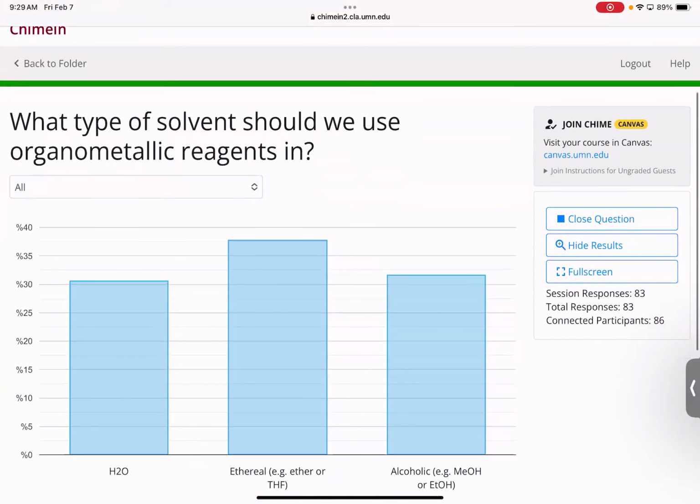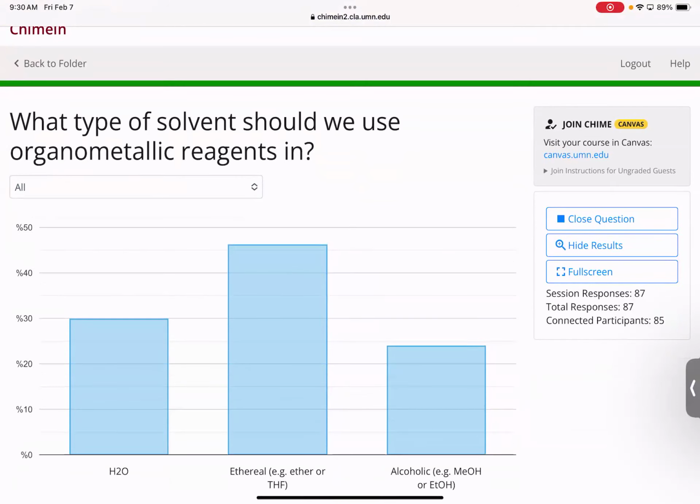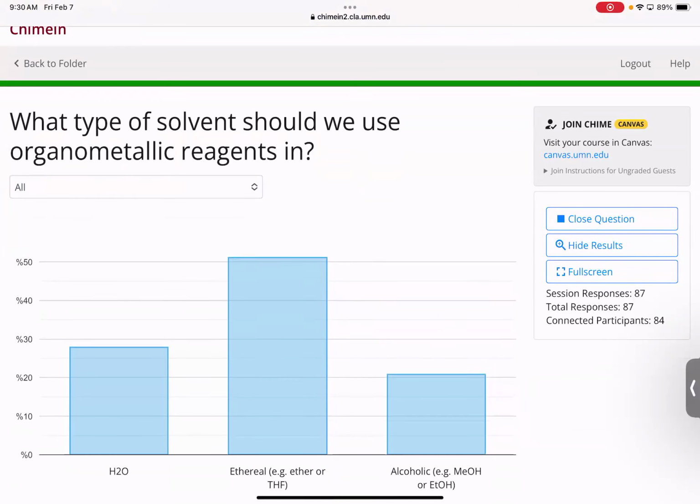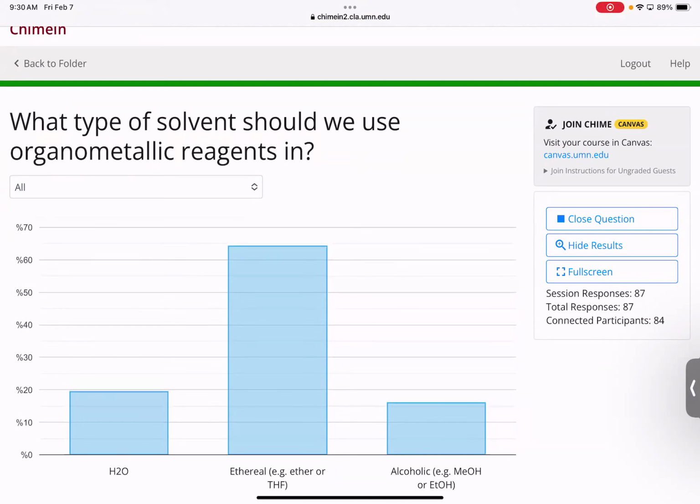All right, so we have a mixed group of answers here. When we're thinking through this, we know that if you were to add water or alcohol to your reaction, when we're thinking about a reagent making a base, that sounds like a good idea.